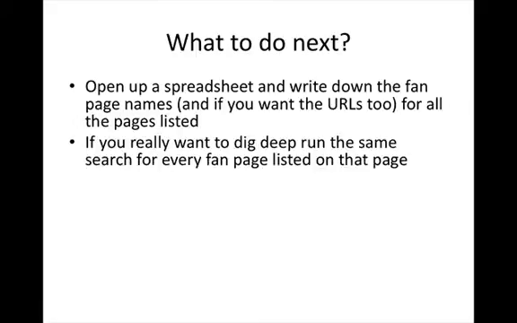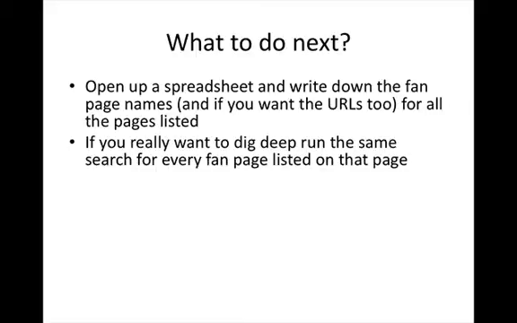Then if you really want to dig deep, let's say you go in there and you write down maybe there's 30 pages that are similar to Warrior Plus. Well, you go through each of those pages, and one at a time you do pages liked by people who like JVZoo Affiliate Network, and you write down all those pages. Then you do pages liked by people who like Muncheye, pages liked by people who like Frank Kern, pages liked by people who like Ryan Deiss, and so on and so on.